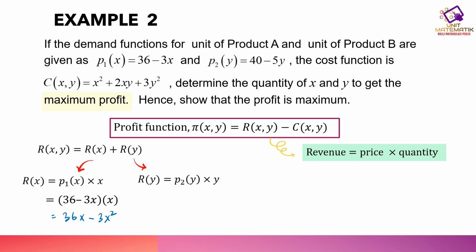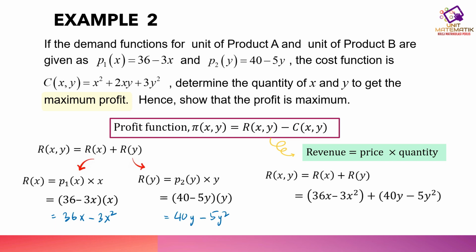For Ry, P2y times y, so you get 40y minus 5y squared. So we take these two revenue functions and combine them to get the total revenue function. So you should get 36x minus 3x squared plus 40y minus 5y squared.